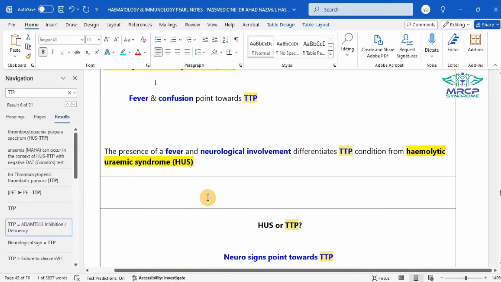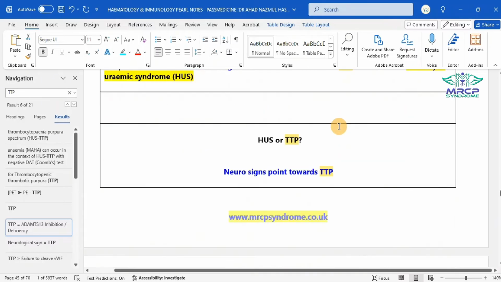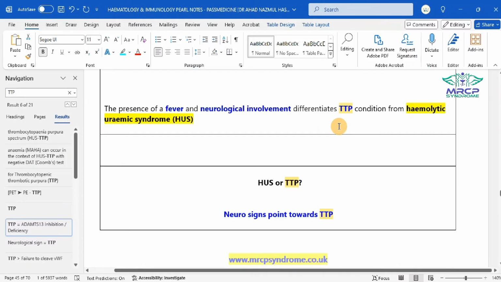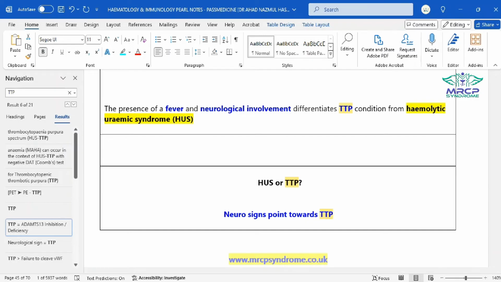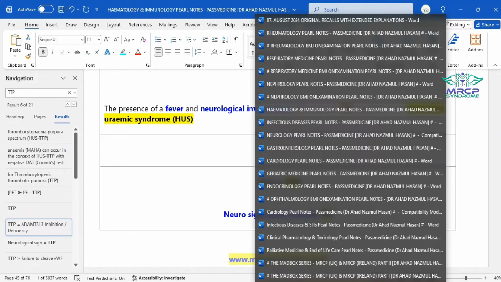So the presence of fever and neurological involvement differentiates TTP from HUS. And with respect to renal impairment, in case of HUS there would be severe renal impairment, while in case of TTP there is usually mild renal impairment.